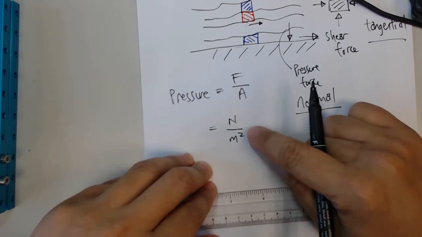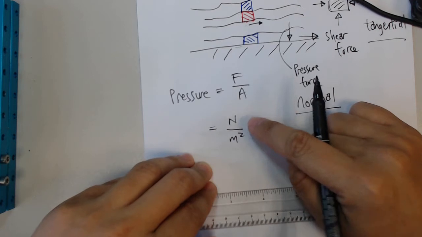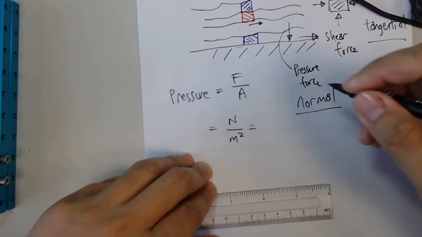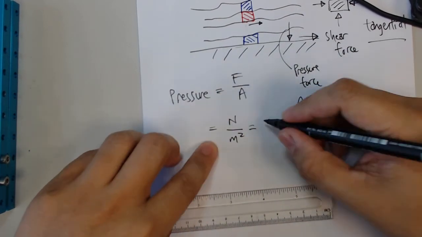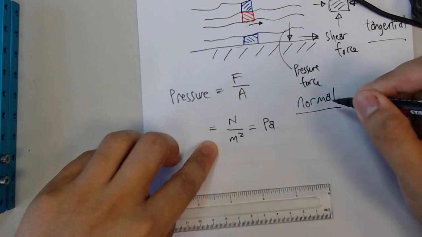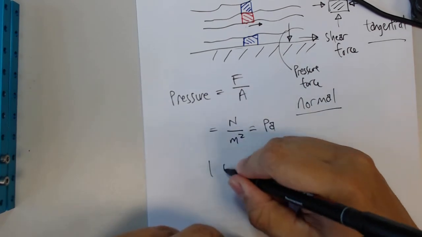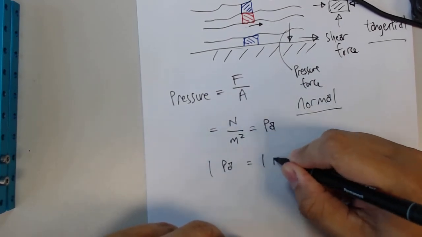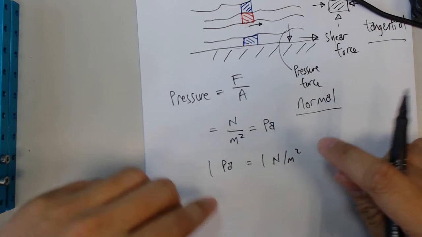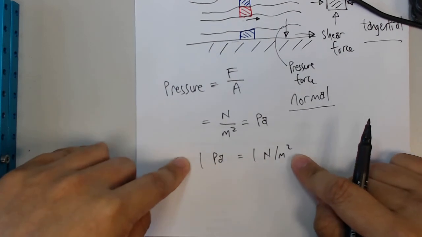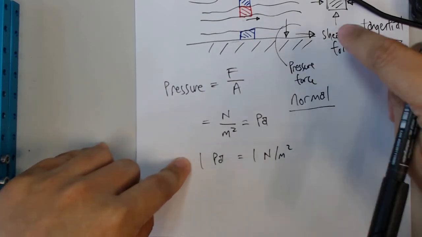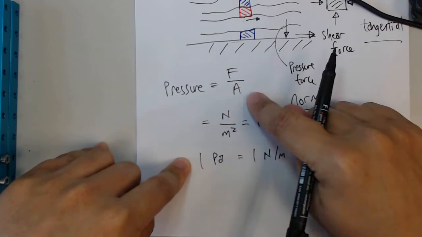These are SI units. And this Newton per meter square can also be called pascals. So 1 Pascal is equal to 1 Newton per meter square. So this is the definition of pressure, force per unit area.